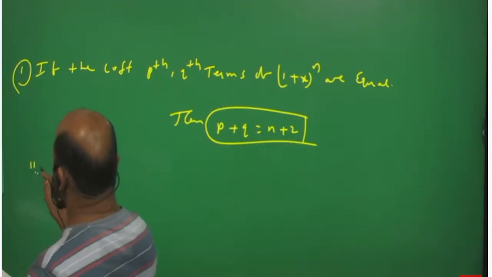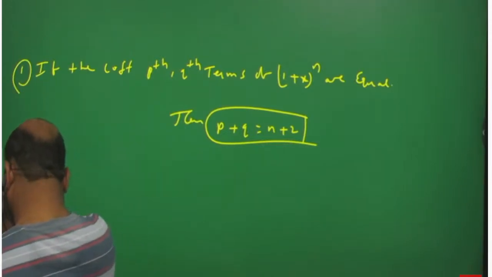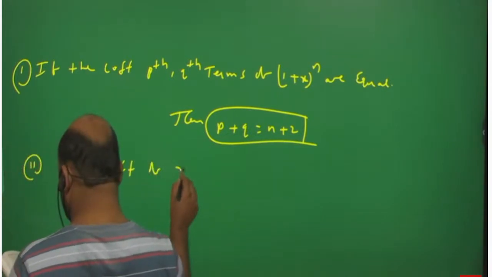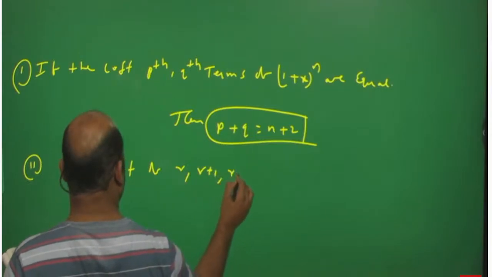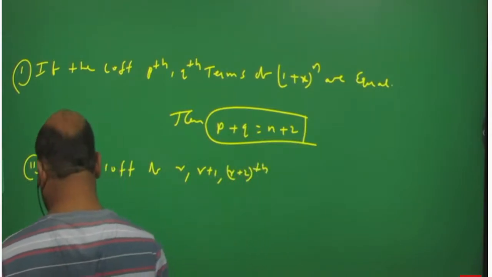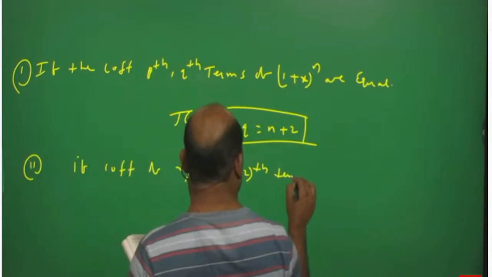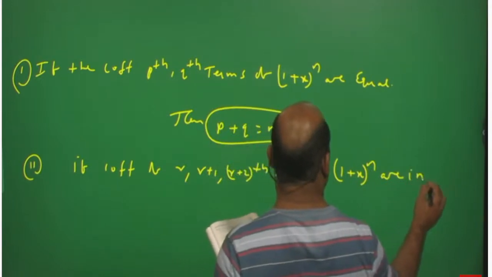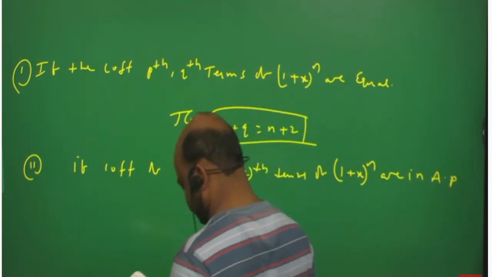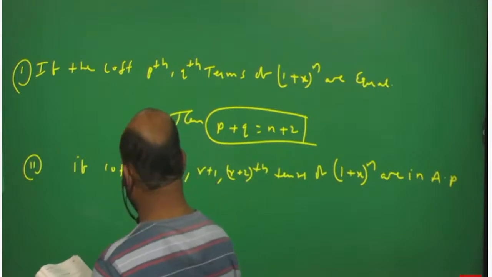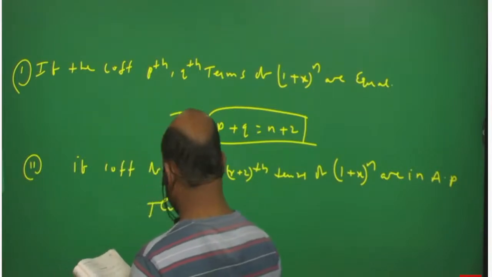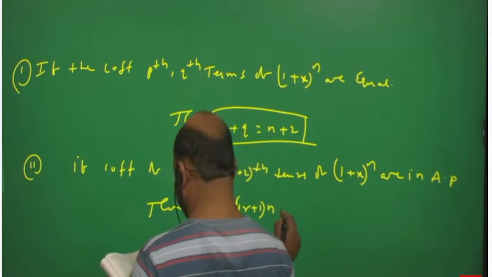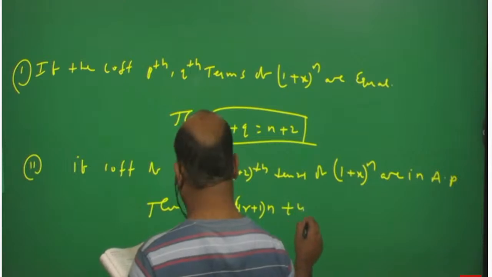Point number 2. If the coefficients of the (r plus 1)th and (r plus 2)th terms of (1 plus x) whole power n are in AP, then n squared minus (4r plus 1) n plus 4r squared equals 2.